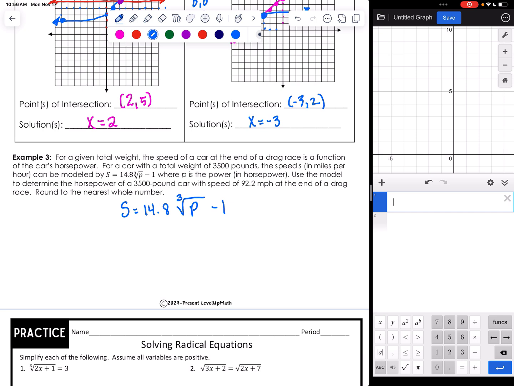Use the model to determine the horsepower of a 3,500-pound car with a speed of 92.2 miles per hour at the end of a drag race. Round your answer to the nearest whole number.